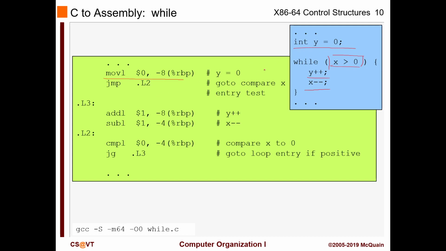First we are moving 0 to y, which is pretty straightforward. Then we are going to jump to LO2 directly. We are going to skip this part. Okay, then we are doing our comparison. If the statement is true, then we are going to jump to LO3 and then do the same stuff as before.